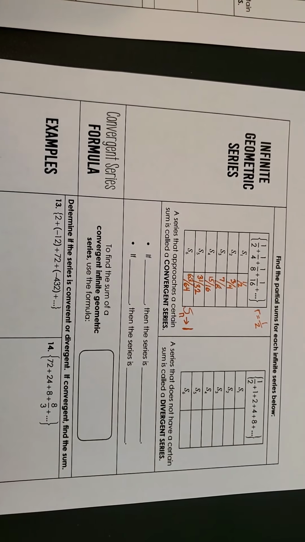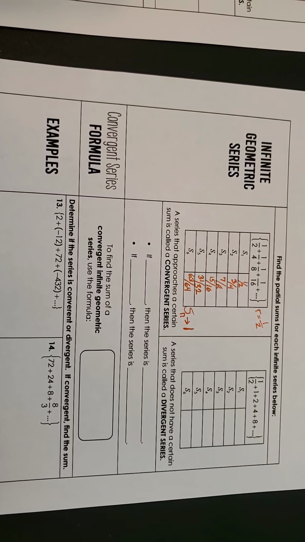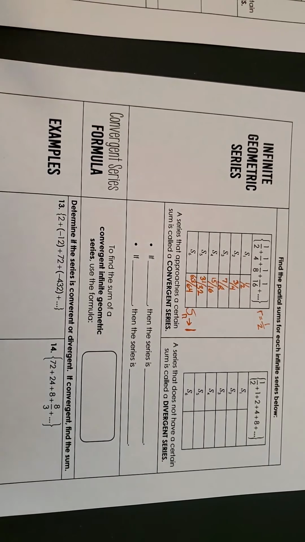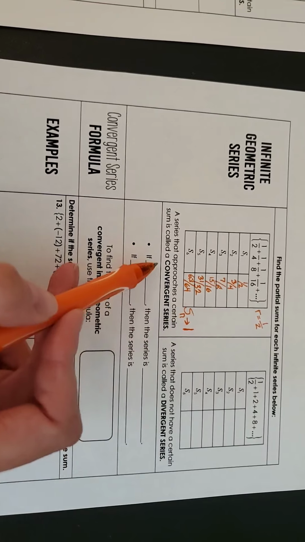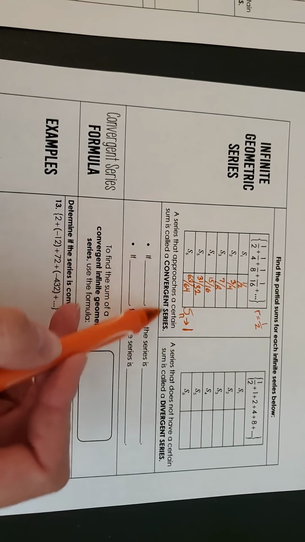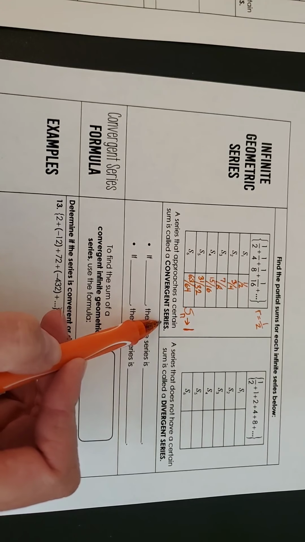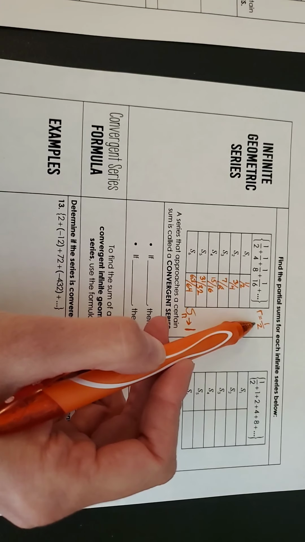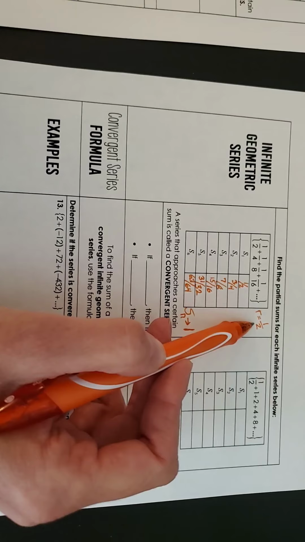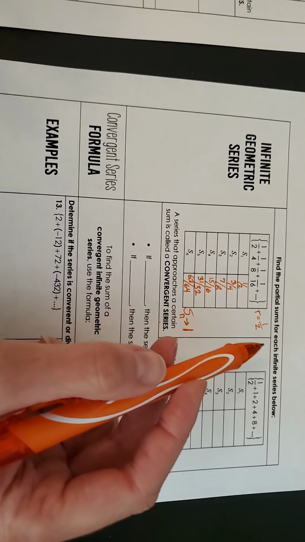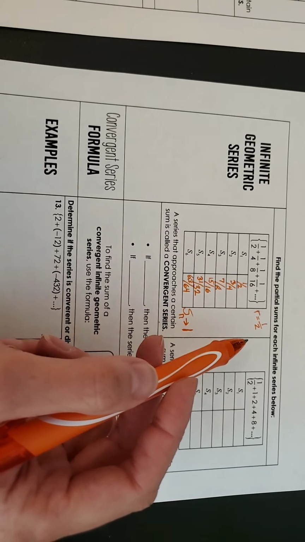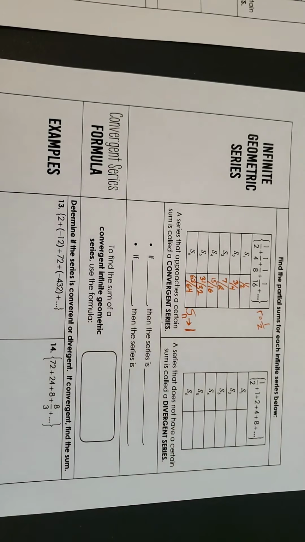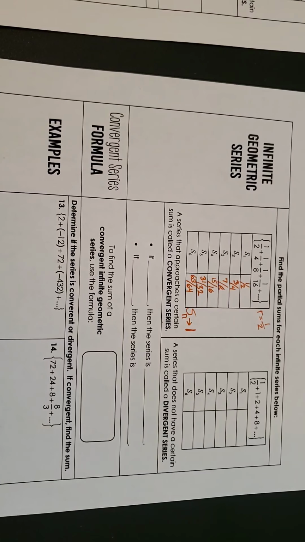And when an infinite geometric series actually goes towards a specific value, we say that it converges, and it is a convergent series. This will happen when the ratio is less than 1. Because if it were bigger than 1, we'd be adding more and more and more and more, and it would approach infinity.